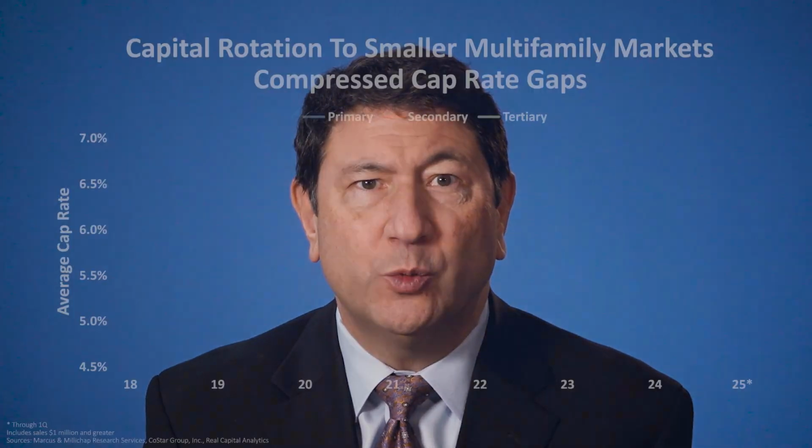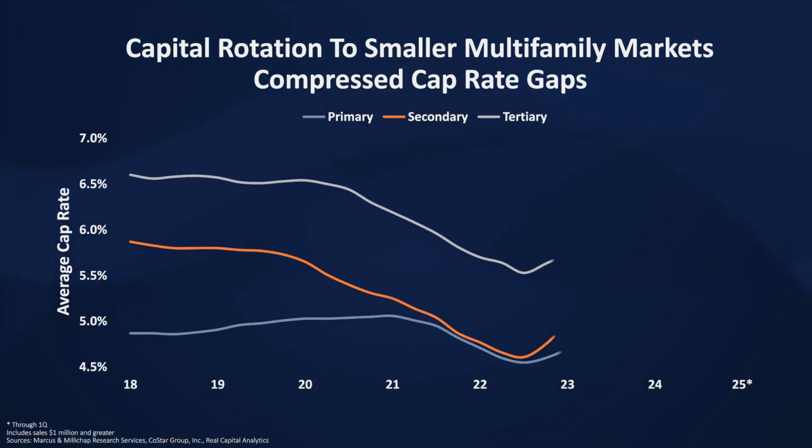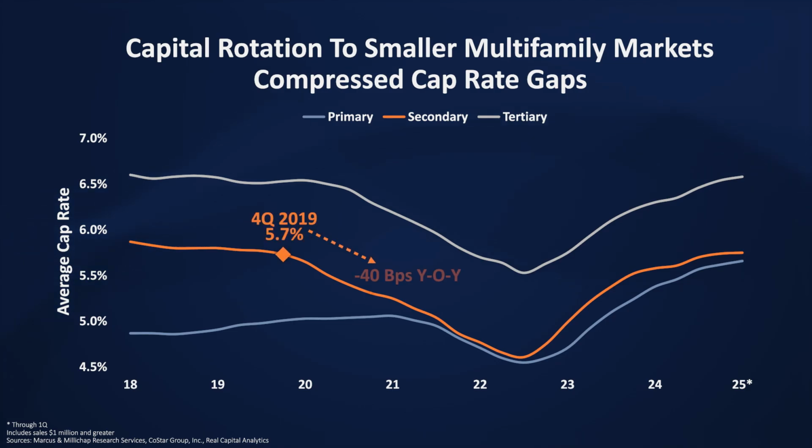One of the things I've found most fascinating in recent years was the movement of cap rates in different types of metros. In 2019, capital began to more aggressively flow into secondary markets, driving the apartment cap rates in those metros lower. Then in 2020, tertiary market cap rates followed. Apartment cap rates in primary markets began to decline later in 2021.